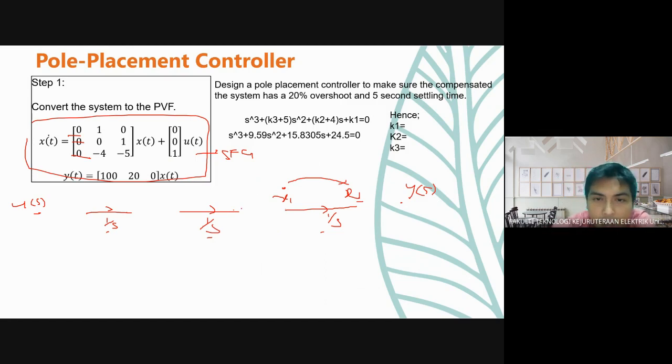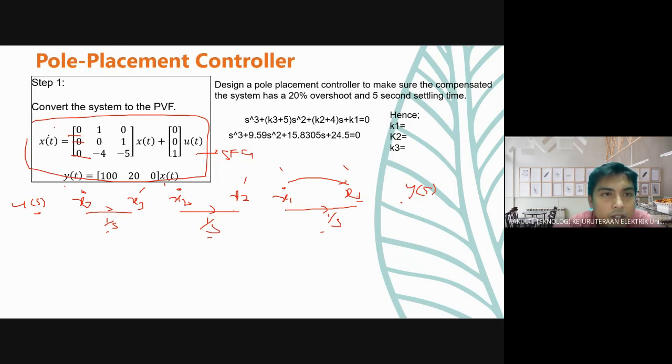After that, this will become x2, and this will be x2 dot. This will become x3, and this is x3 dot. Okay, easy. All right. So now you know x1, x1 dot, x2, x2 dot, x3, x3 dot. Okay, so now we go one by one.